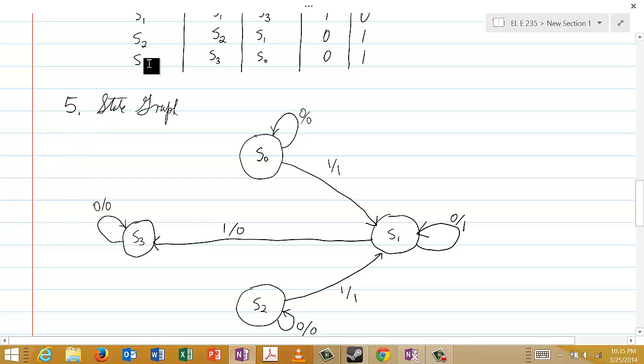But if we're in S3 and we have an input of x equals 1, we'll go to S0. And the output in that case would be 1. And that is the conclusion of this state graph.